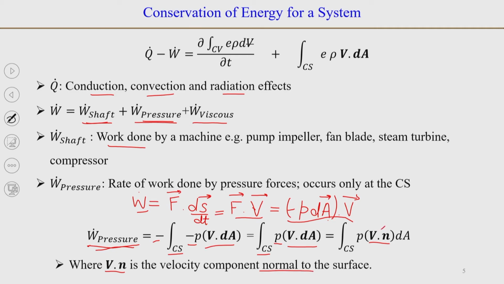The unit vector n is the unit vector normal to the surface. So, we can write it in this form or this form. This is the rate of work done due to the pressure force.